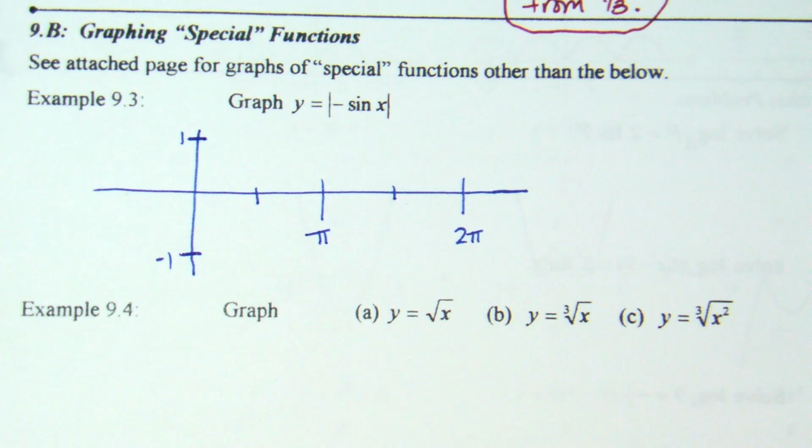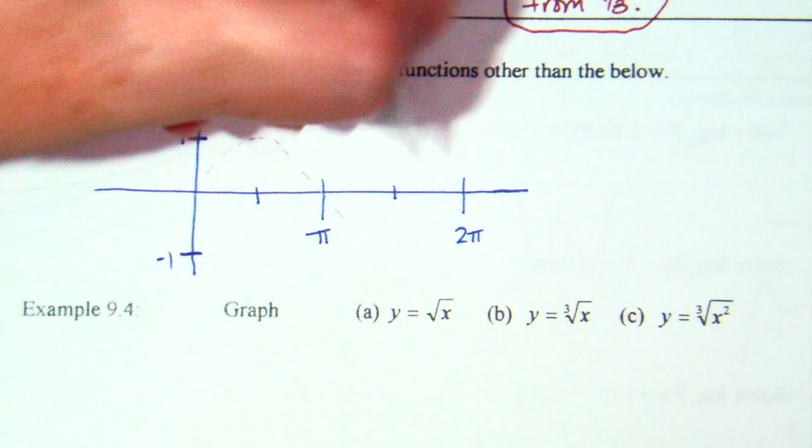Just some basic review. Could you just graph basic sine? Do we have that knowledge? Basic sine, if I just do a pencil dotted line here, goes up above pi over 2, cuts through pi, down under negative pi over 2, cuts through 2 pi, yes?